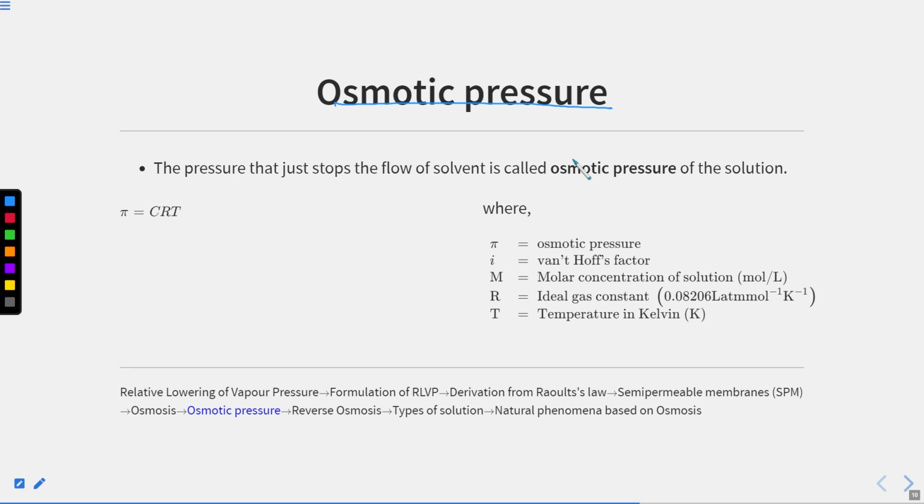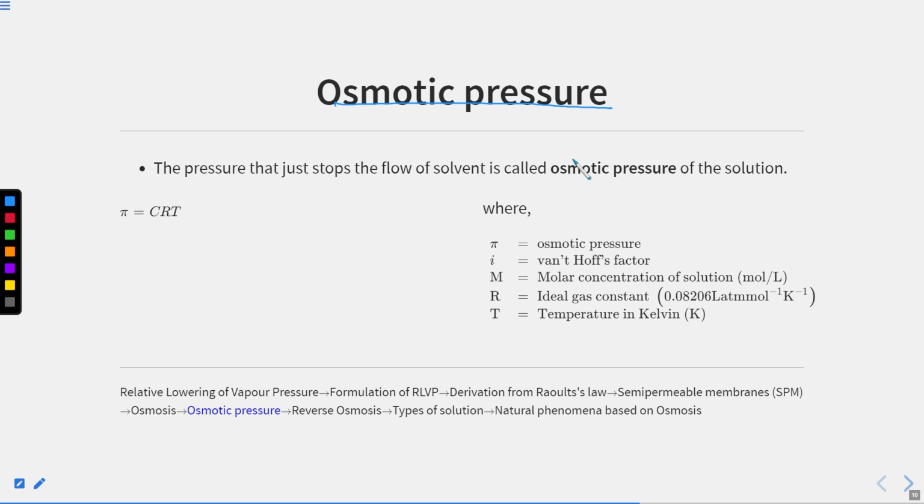Now to keep this flow in control, we have calculated a colligative property which depends upon the number of solute particles in the solution, and this property is osmotic pressure. If we apply that amount of pressure on the solution side, this will stop the flow of solvent to the solution side.